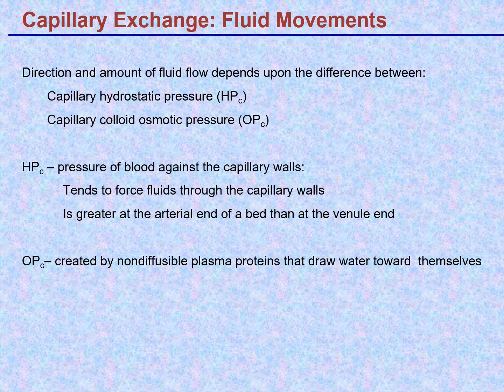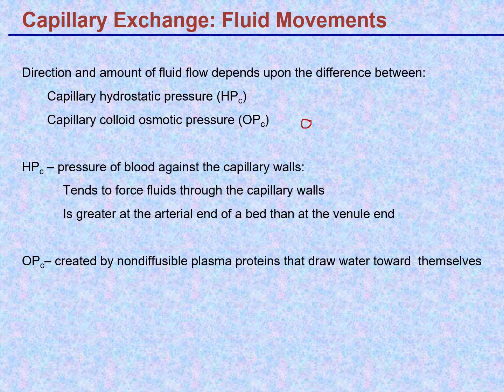So the hydrostatic pressure of the blood is pushing outwards against the capillary walls, tending to force fluid out, not cells, but fluid out through the capillary walls. And it's always greater at the arterial end, the beginning end of the capillary bed, than at the venular end. The capillary colloid osmotic pressure is sometimes called oncotic pressure. You may see this term in some places.